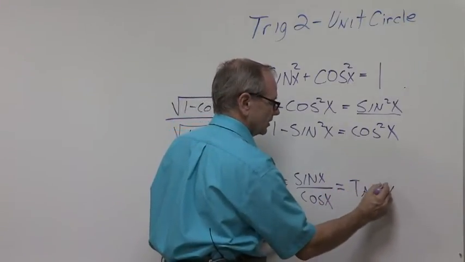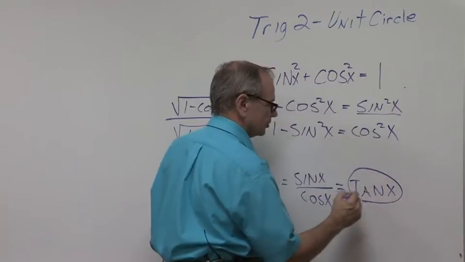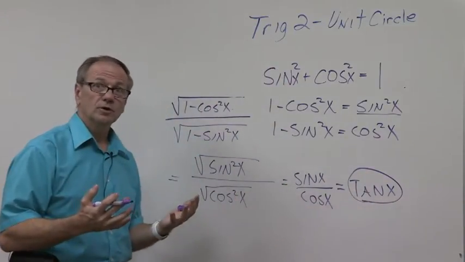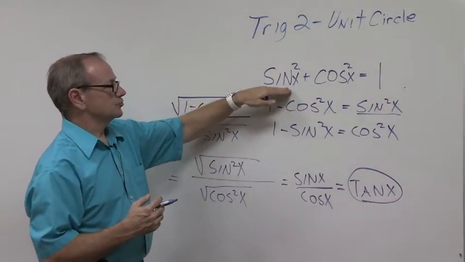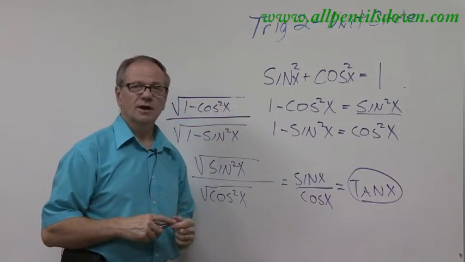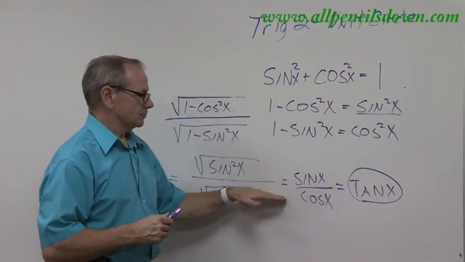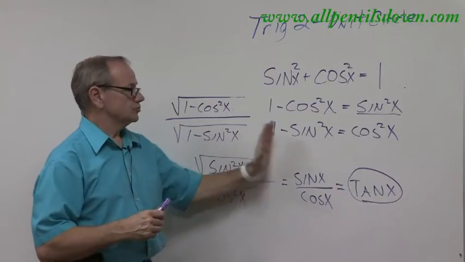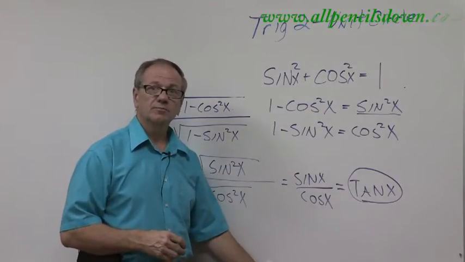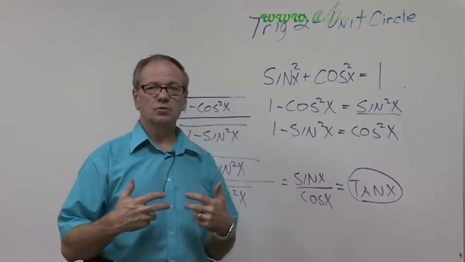So now you have tangent x. So the solution is fairly simple, but they really wanted you to know this trig identity right here.